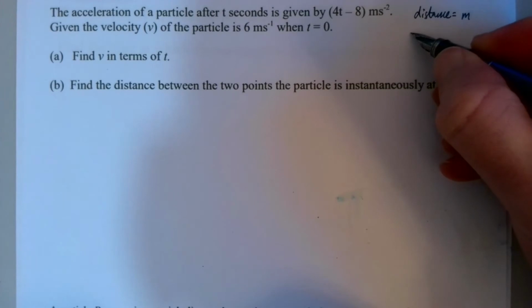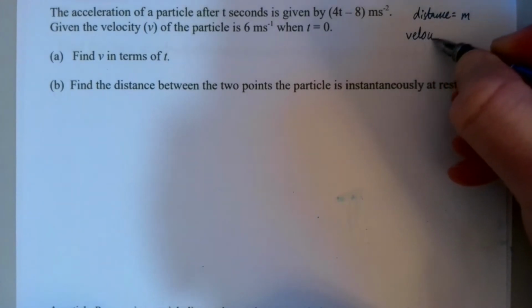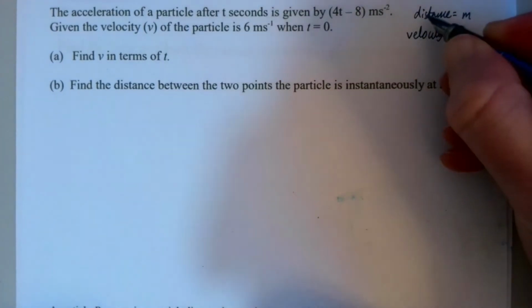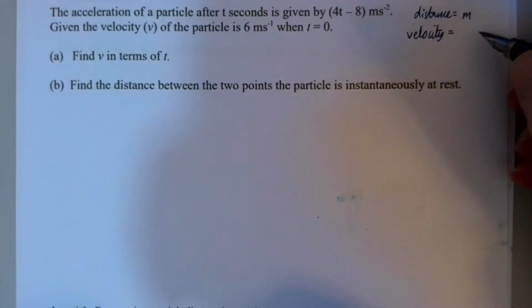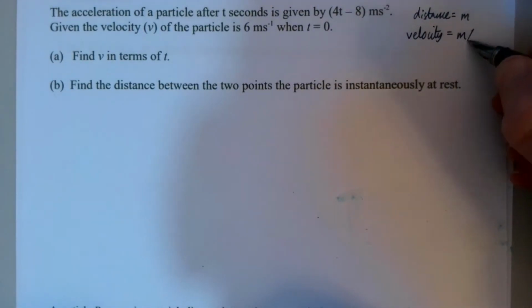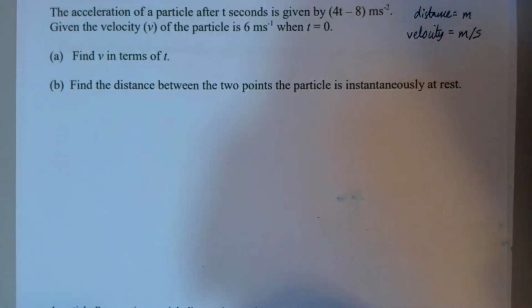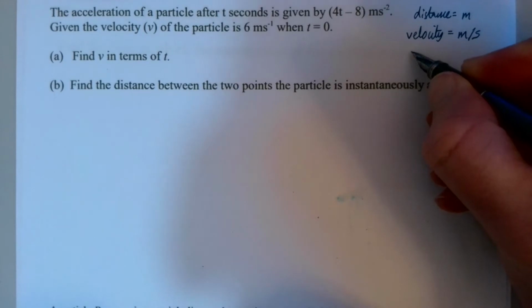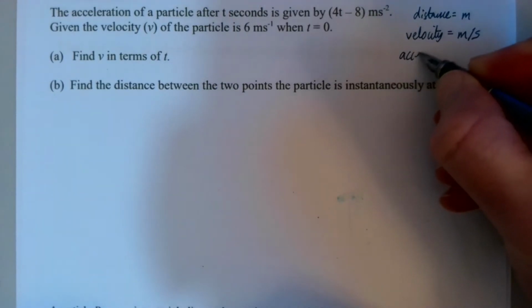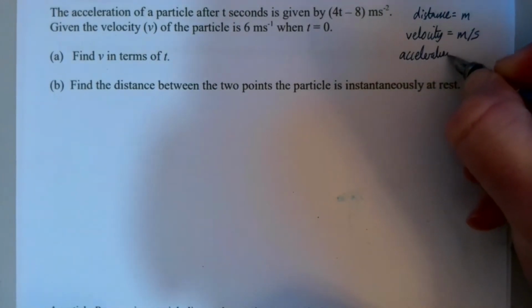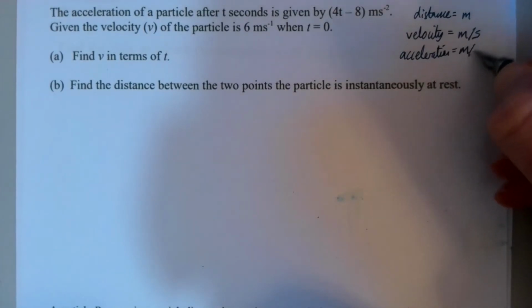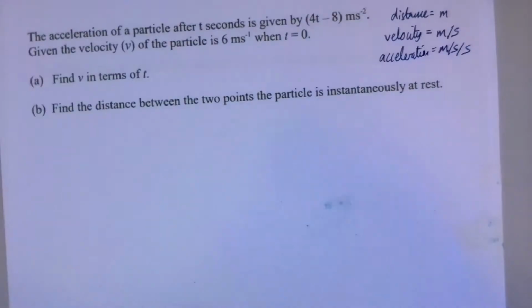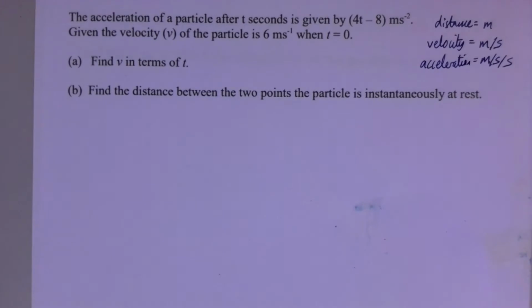We've got velocity, and actually I should have said displacement instead of distance, and velocity is meters divided by time, or seconds. And last of all, we've got acceleration, which is when you've divided by time and then divided by time again, meters per second squared.